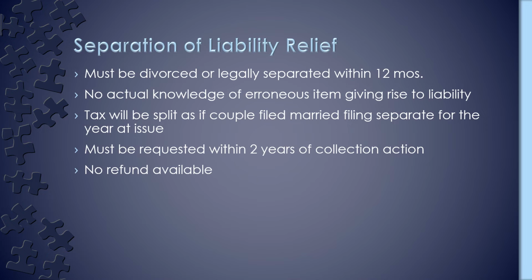And you're asking now for the separation of liability relief. The requirement, though, is that you must be divorced or legally separated from that spouse within 12 months of requesting relief. So you cannot be living together. Again, this relief must be requested within 2 years of collection action by the IRS. And if after the allocation there's a refund due to you, you will not get it.